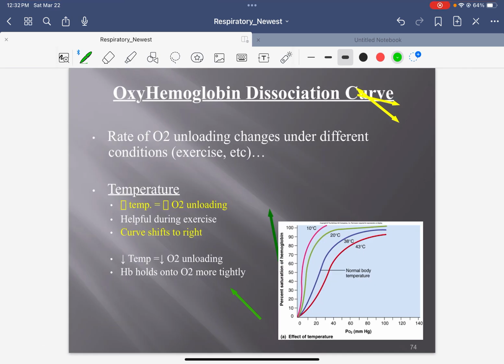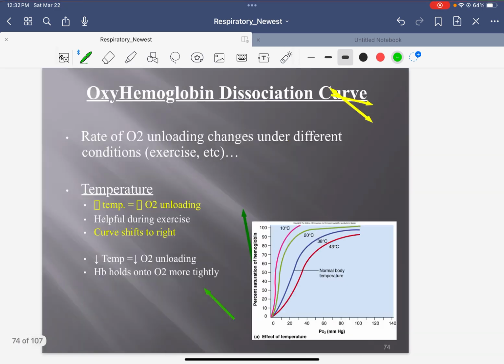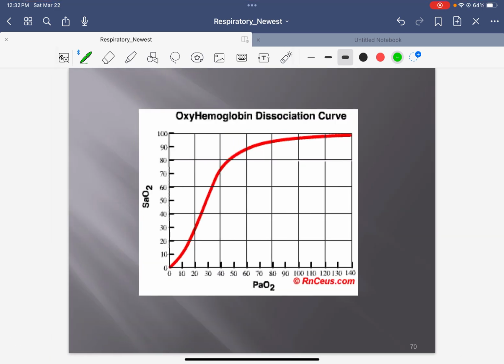All right, the last thing to talk about. What happens to this curve in certain situations? We're going to talk about what happens when we increase the body temperature or if we lower the pH. And you know what? These arrows are really distracting, so I'm going to go back to this picture.